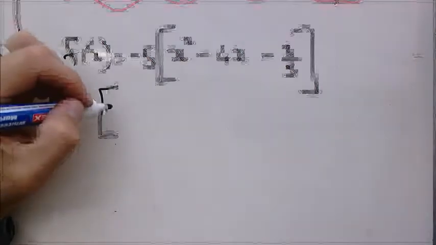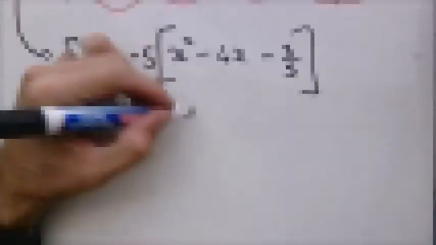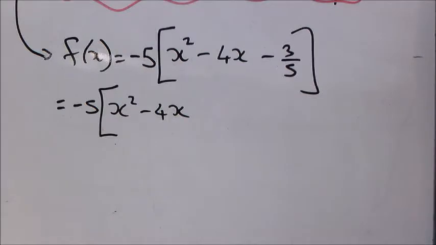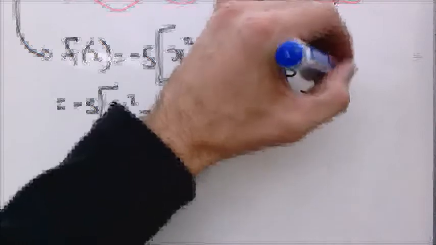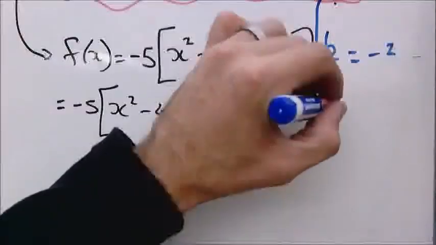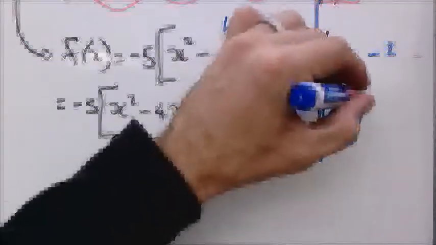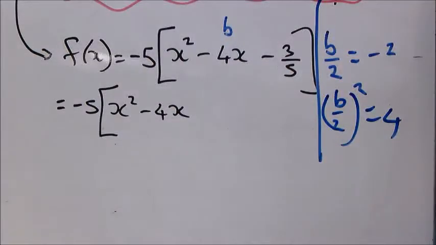Okay. So the next step would be to add whatever minus b over 2 squared is. Okay, so you remember this is now technically our b value, the negative 4. So b over 2 is negative 2 and b over 2 squared is 4.